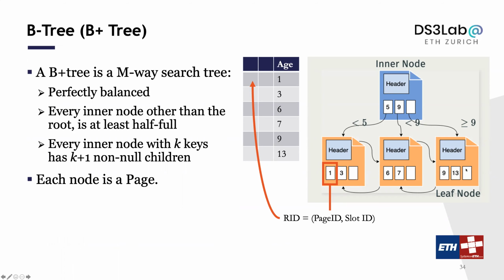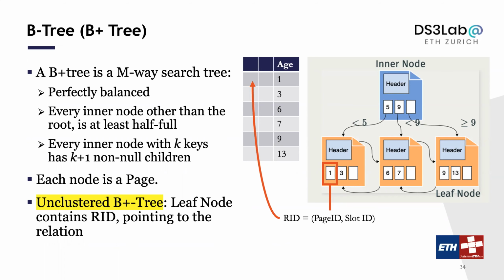Okay, so there are two flavors of the B+ tree. The first flavor is called unclustered B+ tree. In it, inside the leaf node you contain the key, and then you also store the RID of the corresponding tuple, which is a page ID and slot ID. So for example, if I'm trying to find a tuple in the relation where age equals 3, I'm going to first go to the root of the B tree.